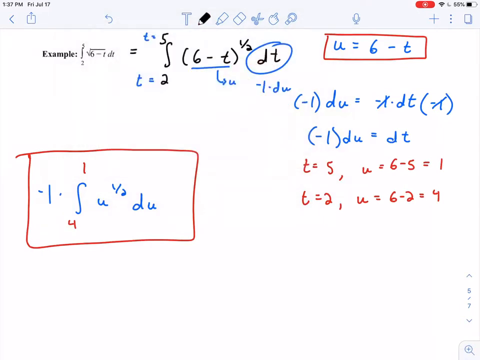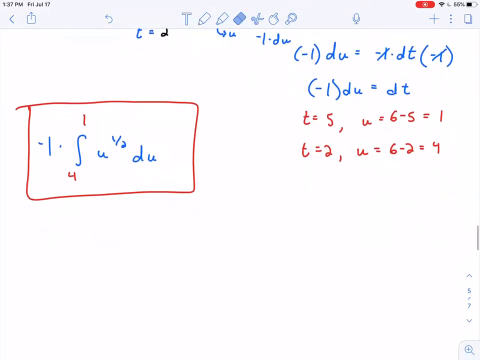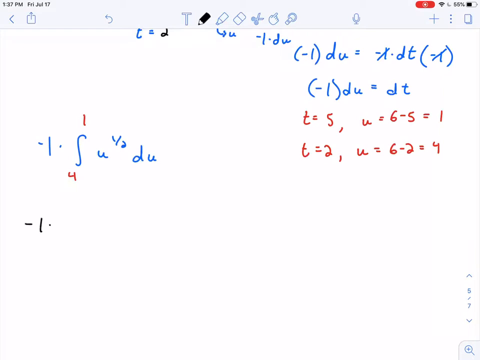So I'm going to continue on with this problem. The -1, we're not going to worry about that till the end of the problem here. I'm going to add 1 to the power, so this will be u to the 3/2 power times 2/3, the reciprocal. And I'd like to evaluate that at 1 and 4. So this is really -1 times 2/3, let's just say -2/3.